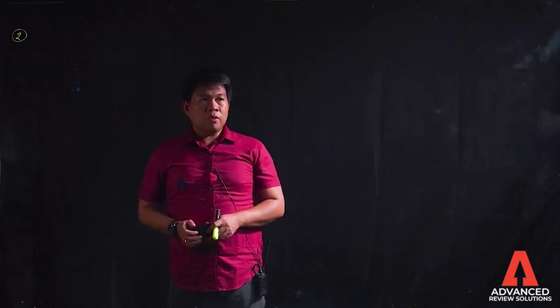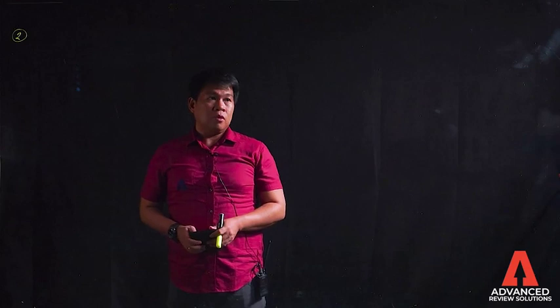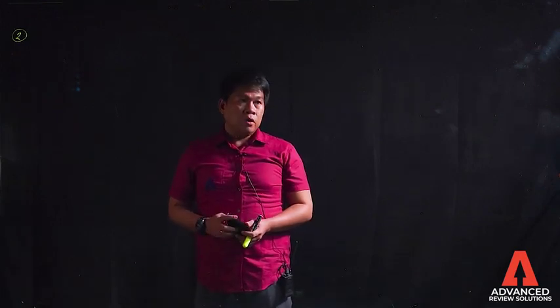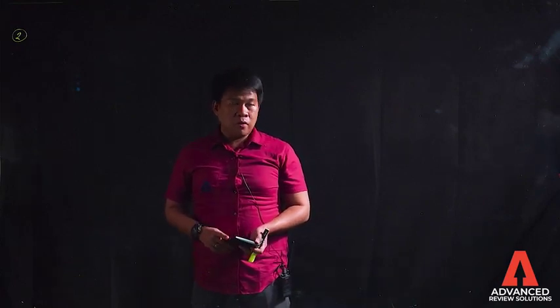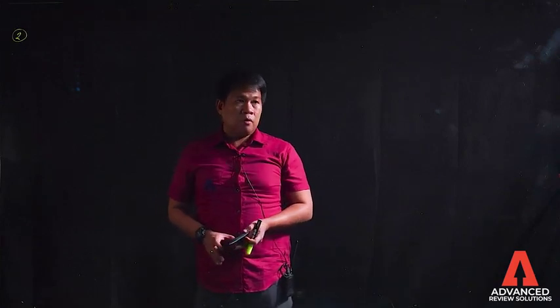So in problem number 2, okay, this is a problem related to investment in bonds at a premium. So the face amount of the bonds here is 1 million pesos, while the present value is 1,099,474, which is higher than its face amount. So the amount of premium here is 99,474, or the difference between the face amount and its present value.